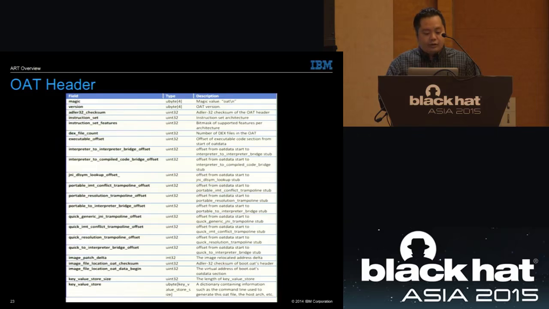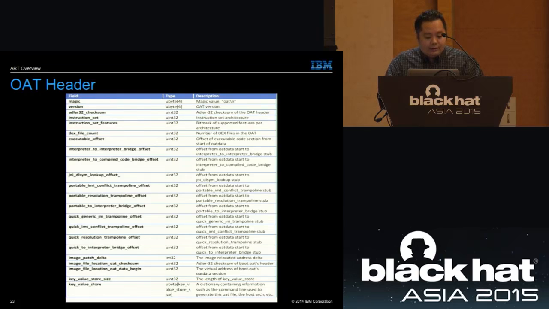Okay, so here's the structure for the oat header. It starts with a magic value, currently set to the string OAT followed by a line feed, and the version is currently 45. It is followed by some checksums for integrity checking.